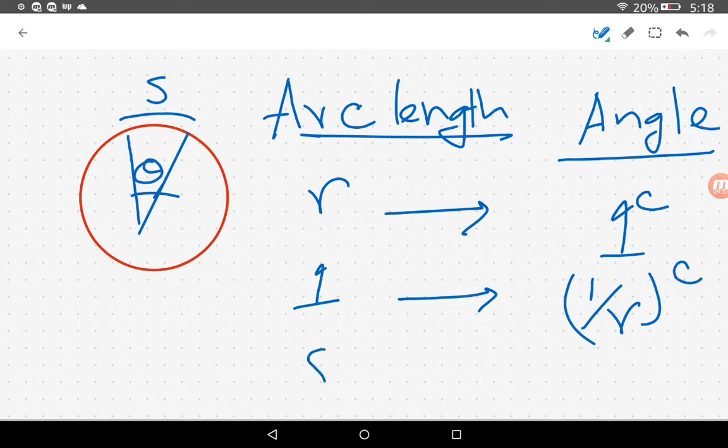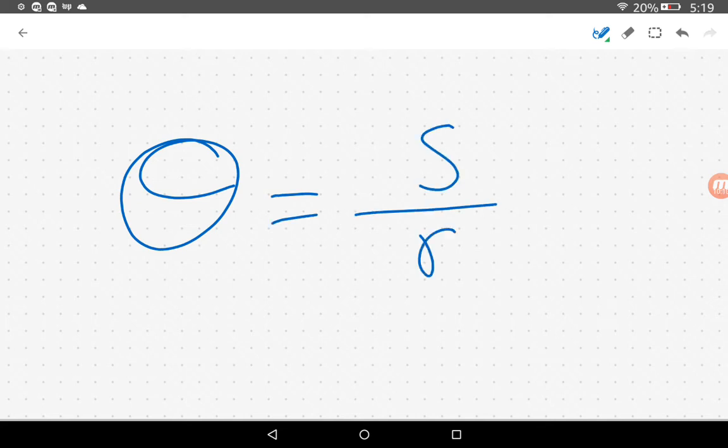So if the arc length is s, it will produce an angle of s by r radian. But we have just said that the produced angle is theta. So theta will be equal to S by R radian. What does that mean?